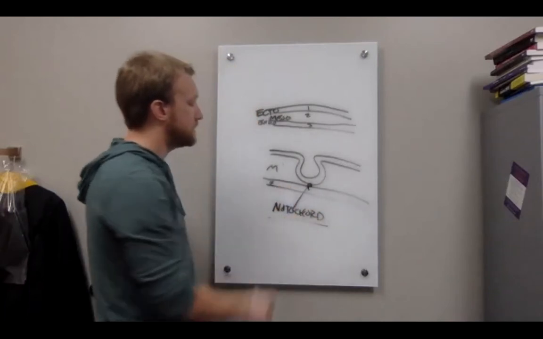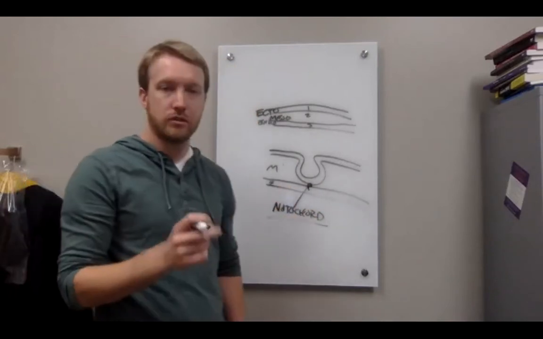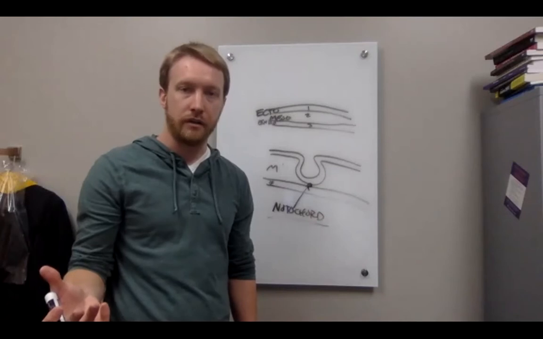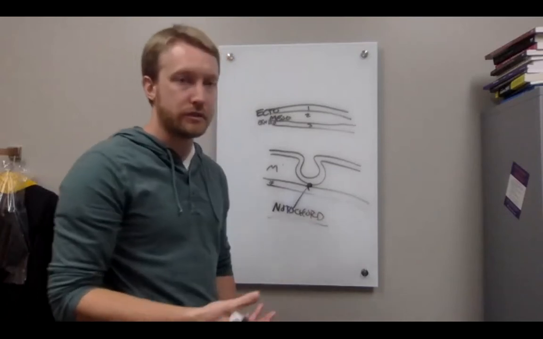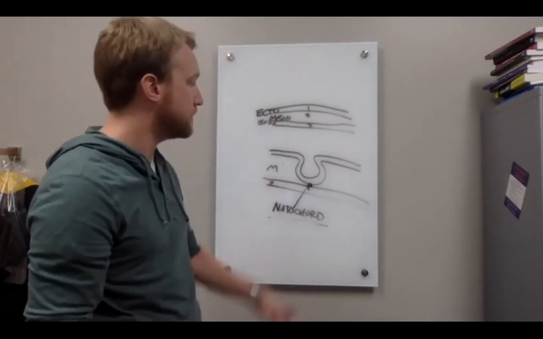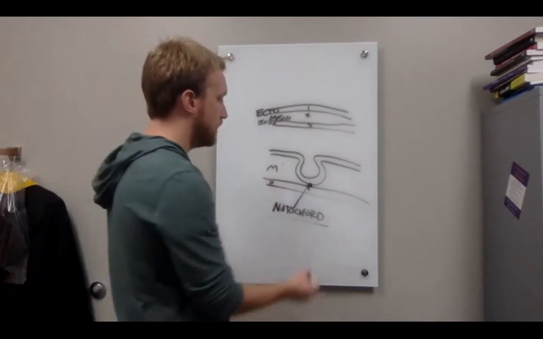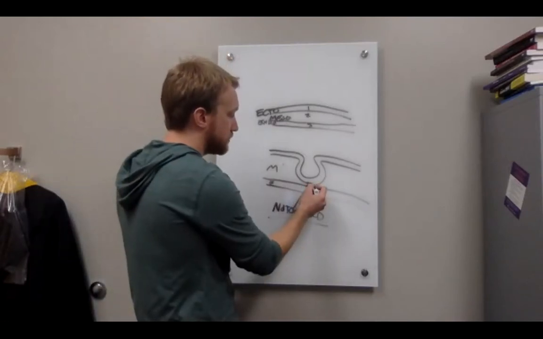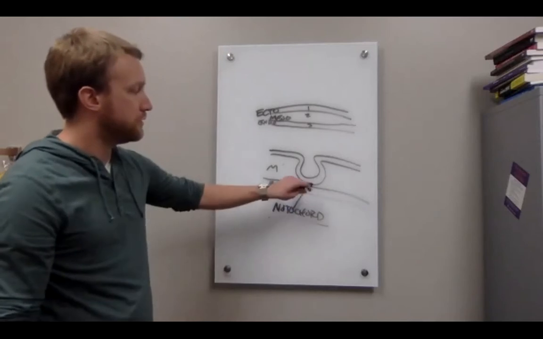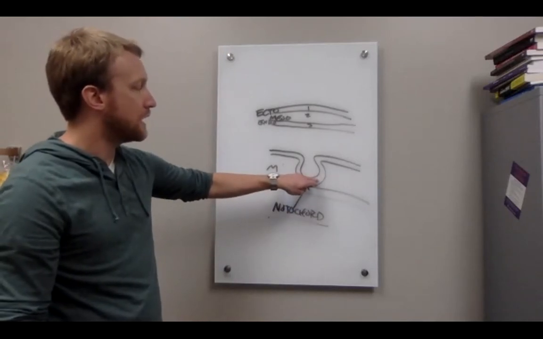This is a transient structure that's going to hang out just early on in development, and later on, it's just going to form those intervertebral discs. But early in development, it does a lot of really nifty stuff. So initially, it's well attached to the overlying ectoderm.